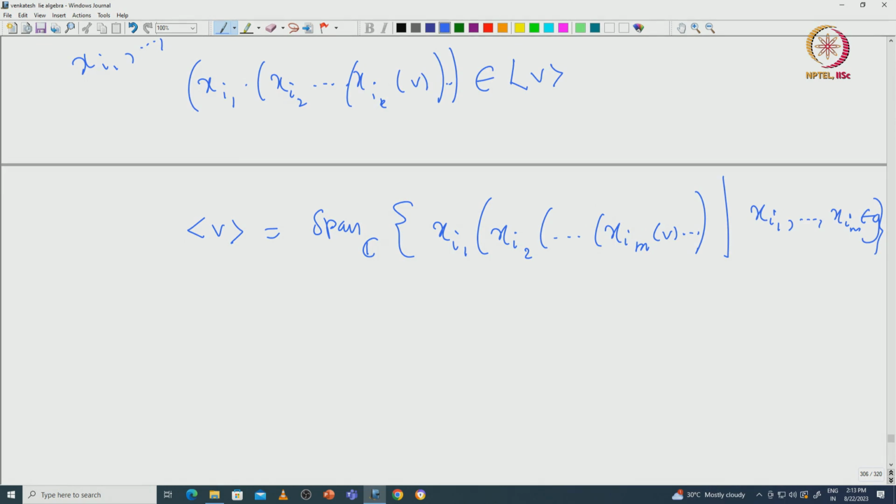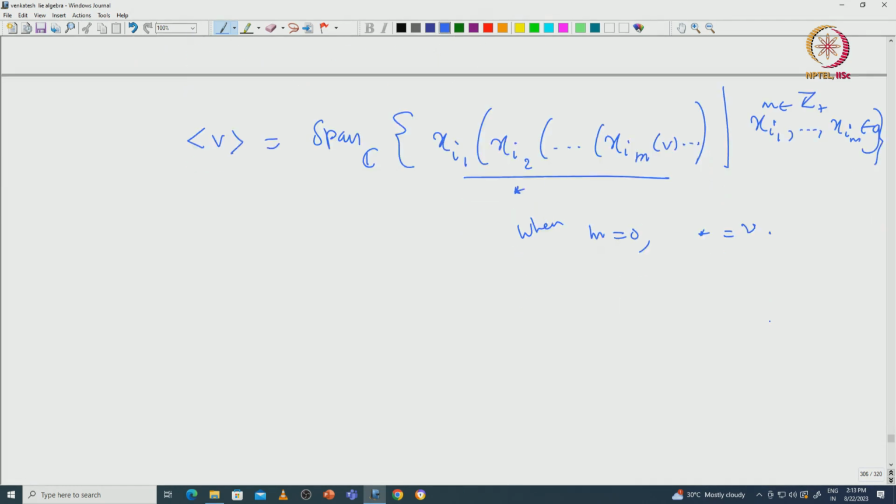Now we can allow m to actually be 0, so that you can have the empty word. Okay. So, you allow m in the non-negative integers. So, when m equals 0, you get whatever is on the right side to be just V. Okay.